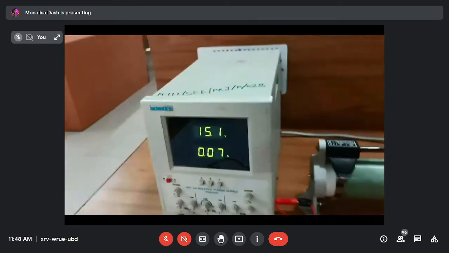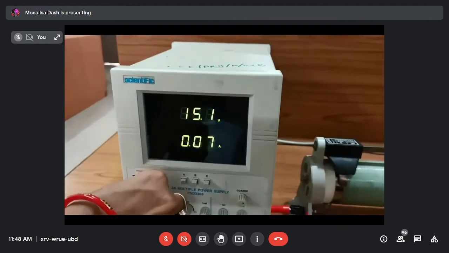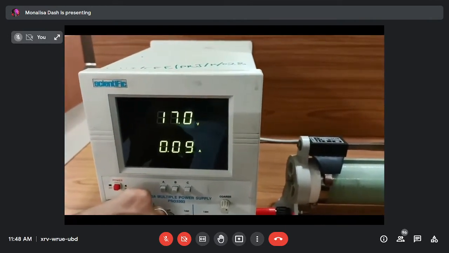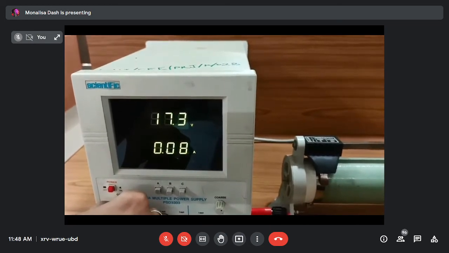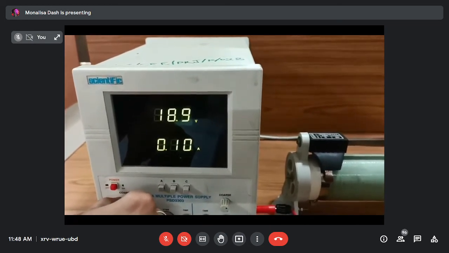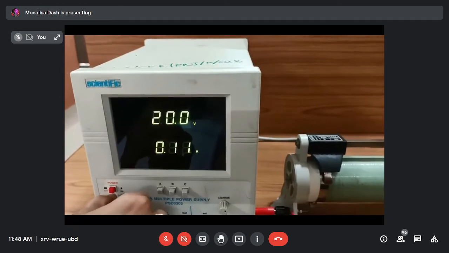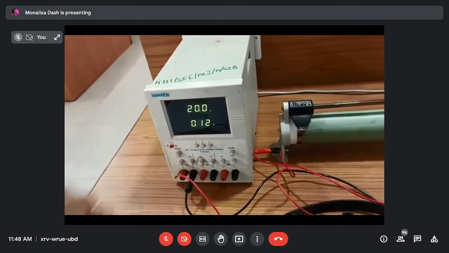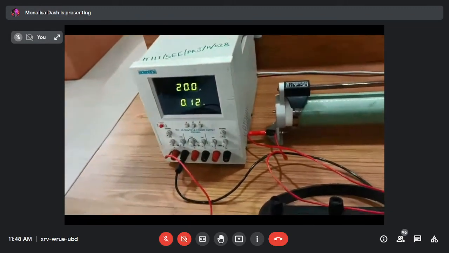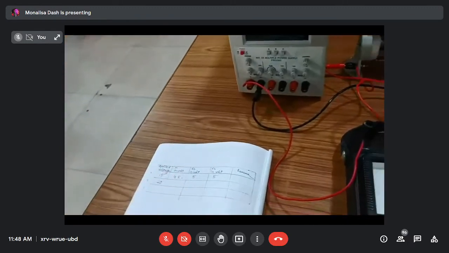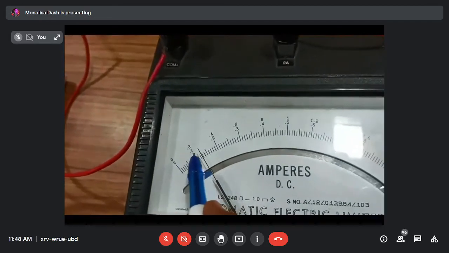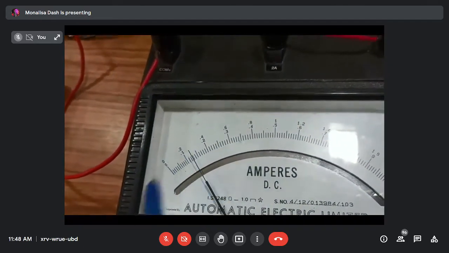Then for the second reading, we have to vary it and take it at 20 volt. Slowly we adjust it, and this is total 20 volt, means applied voltage is 20 volt. Then the current flowing through that circuit is 0.13 ampere.